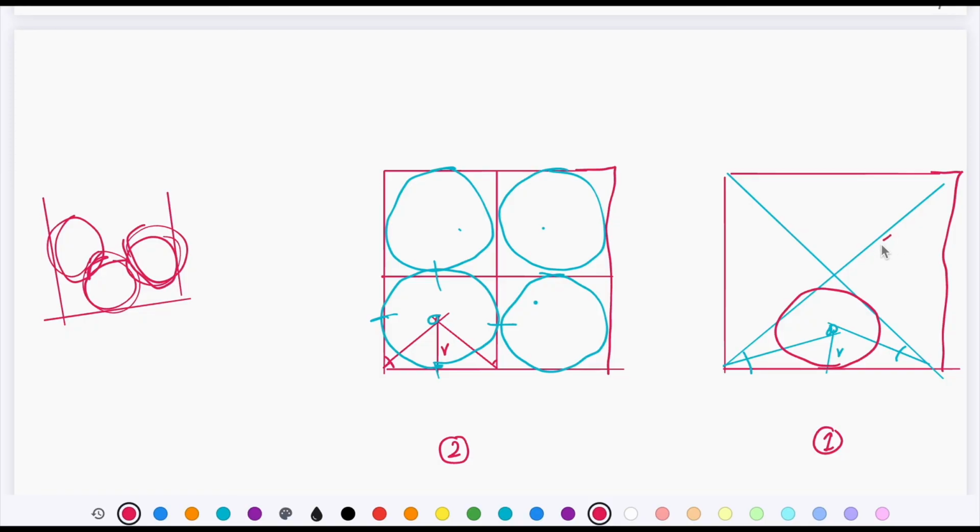So this is one circle. When you repeat the procedure for the other circles, you will get 4 equal circles, and those circles are going to be in contact with 2 adjacent circles and touching only one of the sides of the square.